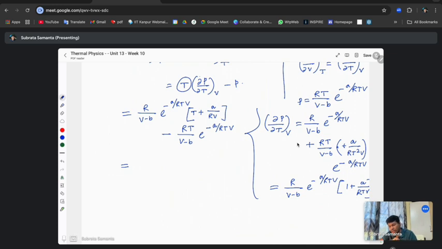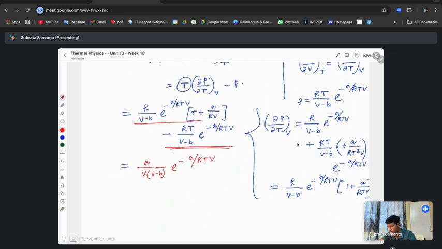Okay, so we just cancel the first terms, so this one is RTV, because this term is cancelled with this term. So we are left with A over V times V minus B, e to the power minus A over RTV.